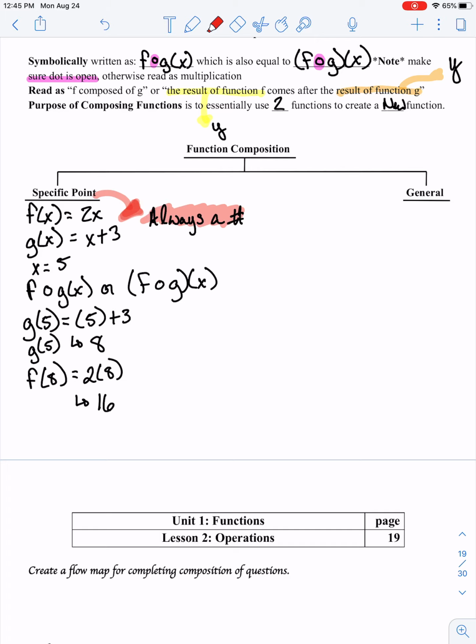Now in general, when you just compose a function into another function, it, however, is always a function.